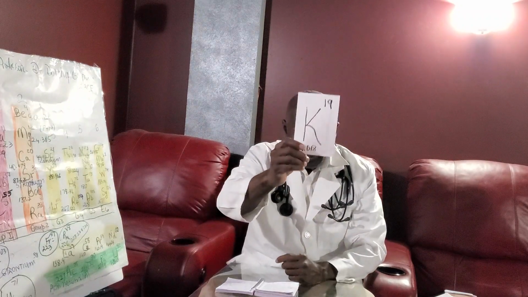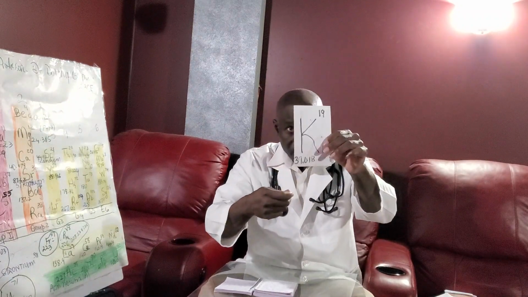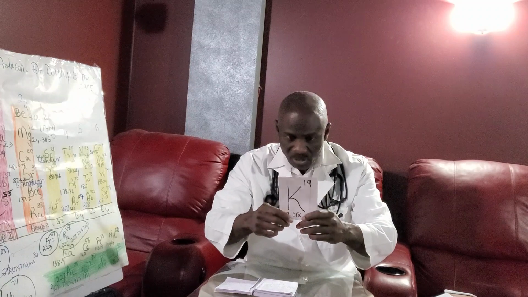Okay, so we have potassium, atomic number 19, an atomic mass of 39.018, both sides. And it has an electronic configuration of neon 4s1.